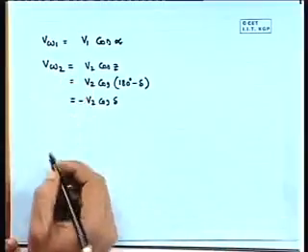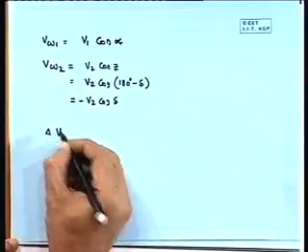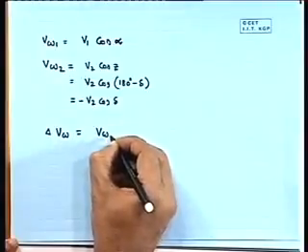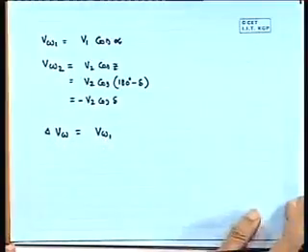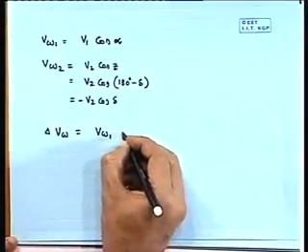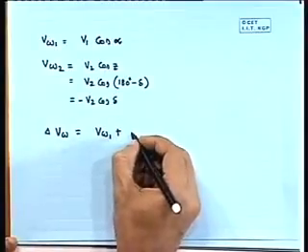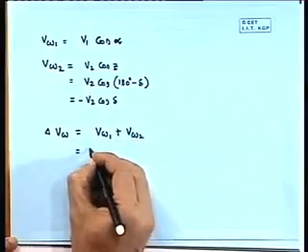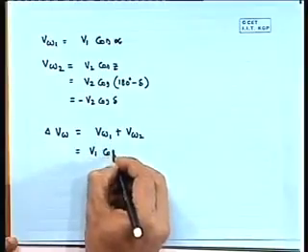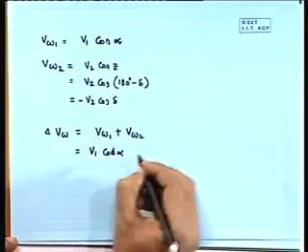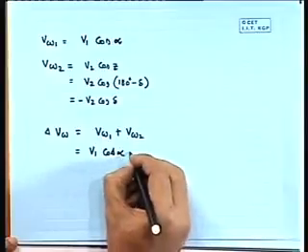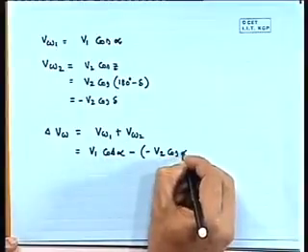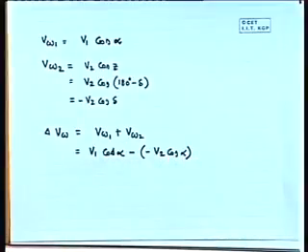And then what we can get, delta V omega is equal to V omega 1 plus, magnitude wise, plus V omega 2, and then we can write it will be V 1 cos of alpha, then minus of minus V 2 cos of delta.